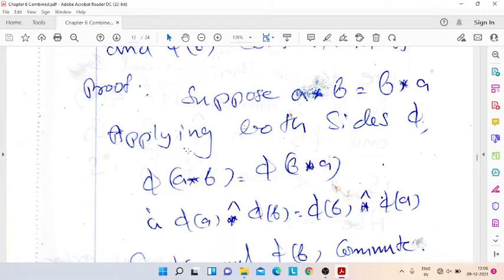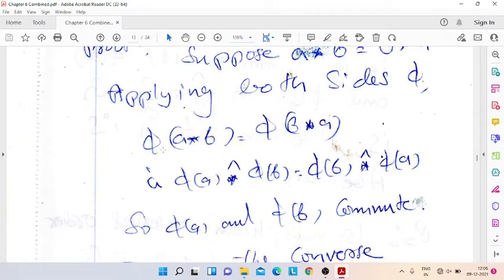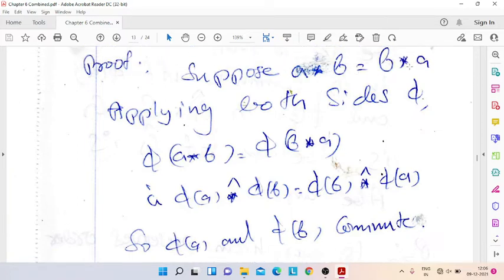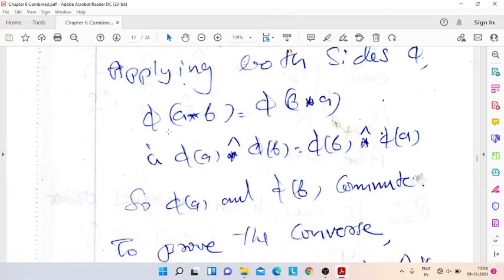Then we apply phi on both sides, and we get phi of A star B equals phi of B star A. Then using the isomorphism property, it splits, and you are taken to the second group when phi is applied to each element.